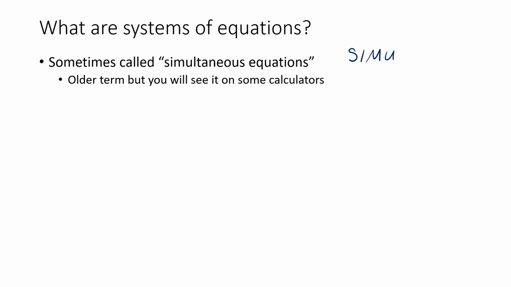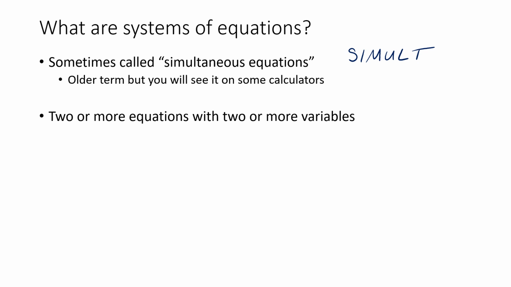It might say simultaneous, but that's a long word, so a lot of times you'll see "simult." You're playing around with a brand new calculator, it's got all these cool menus on it, and you see "simult" on it. That means simultaneous, and it means that calculator has some sort of function on it that will allow you to solve these systems. So you will see that vocabulary, and I want to make sure that I cover that in case you do, or in case you have a textbook or a teacher that's using that vocabulary.